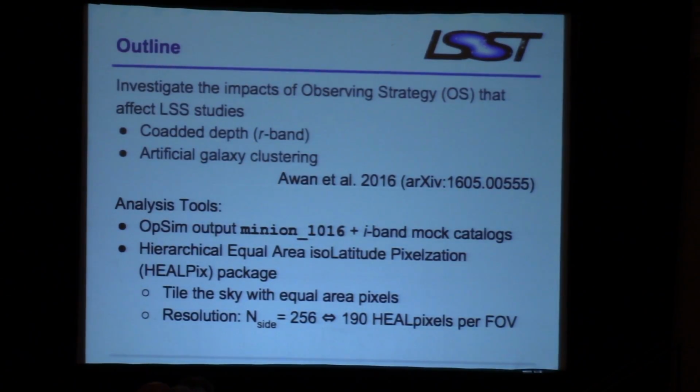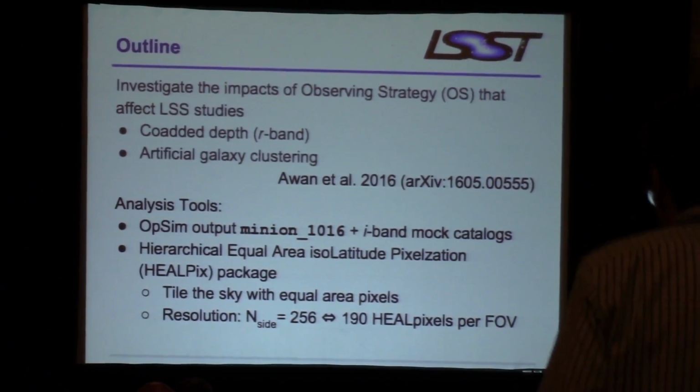The analysis tools that we consider: we have the OpSim simulator output. We have mock catalogs to convert depth fluctuations to galaxy counts. And we use HEALPix to tile the sky with equal area pixels. That basically allows us to look at small scale fluctuations and what that means for LSS systematics.